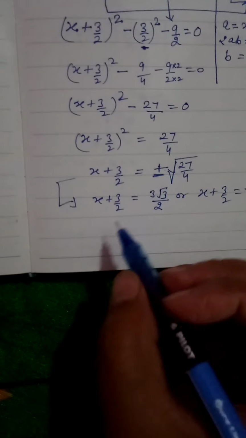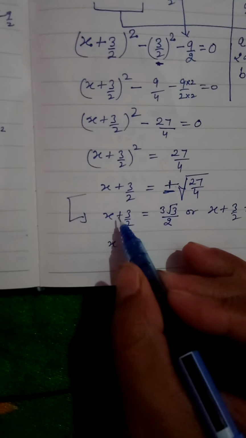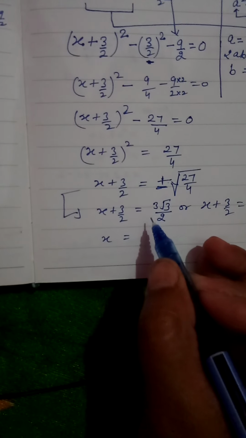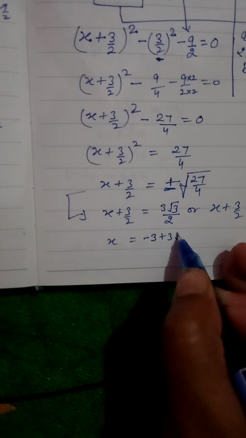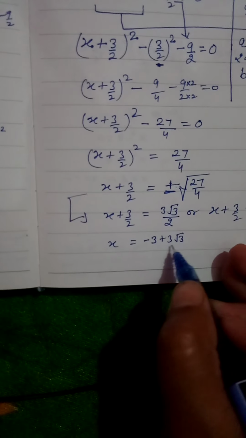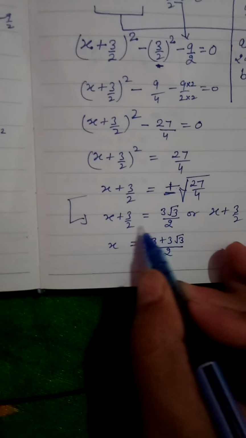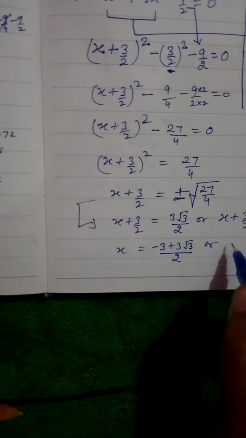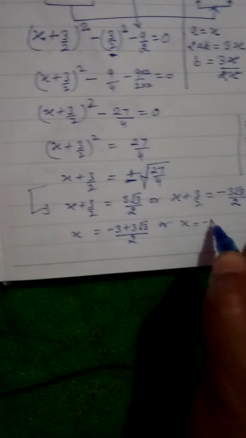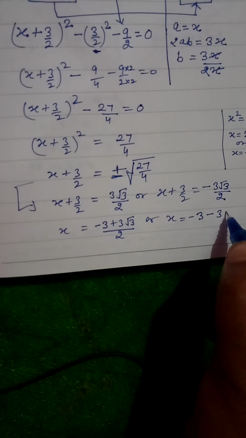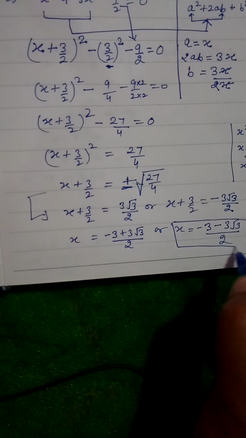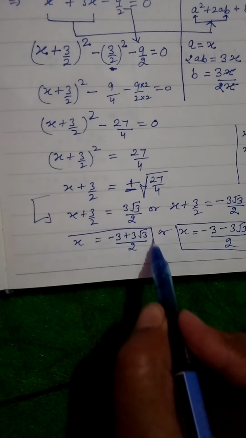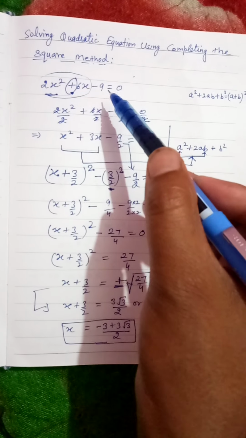Now to simplify this, I will get x equal to, this is positive, if I shift to that side I will get minus 3 plus, because it is already positive on the right hand side, plus 3 root 3, whole divided by 2, because the LCM is 2, or the second root is x equal to minus 3 minus 3 root 3 over 2. These are the two roots of this equation, 2x square plus 6x minus 9.